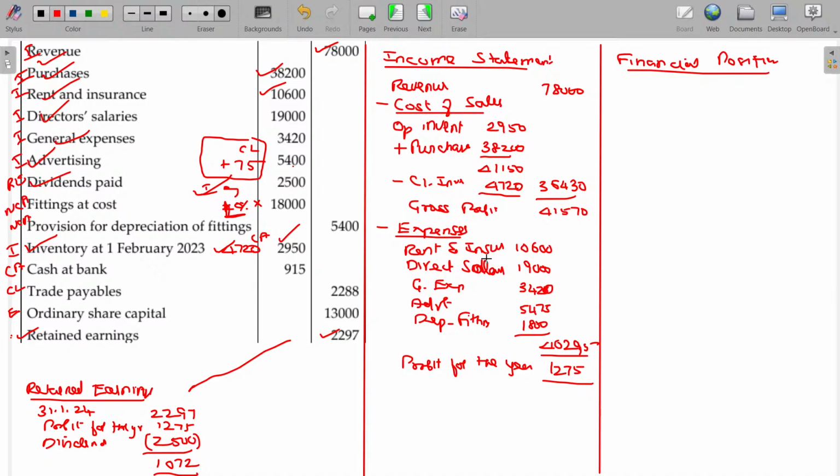Now in financial position statement. Okay. We'll start with the assets section. Non-current assets. So we have only one item, fittings.